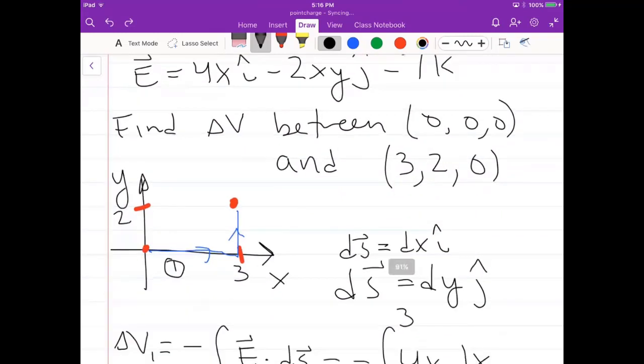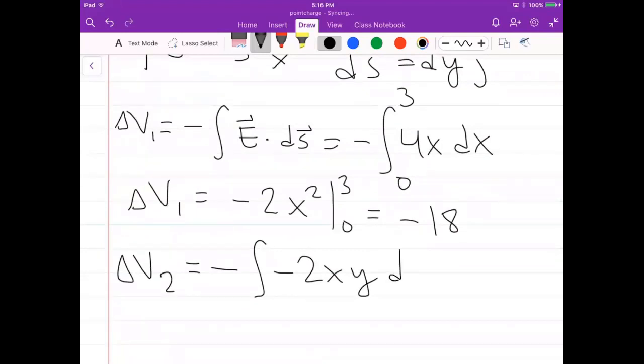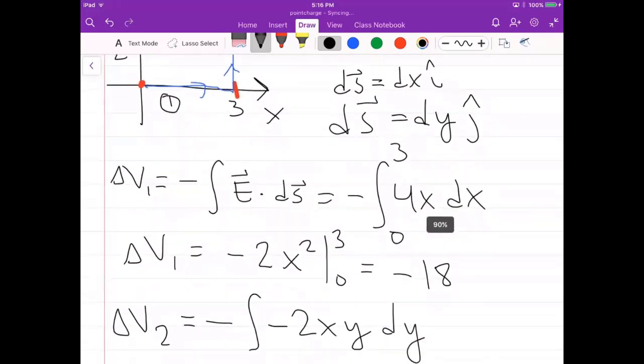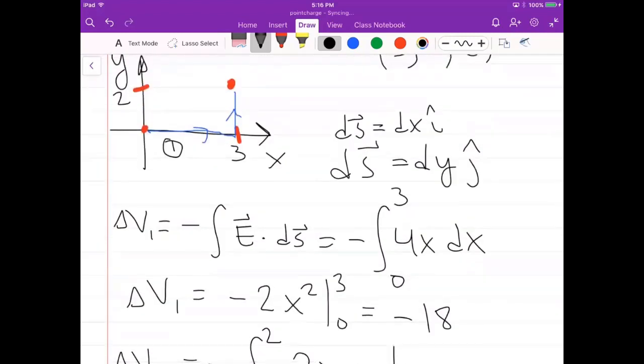So that's minus 2xy. So I get minus the integral of minus 2xy times dy. And y is going from 0 to 2 along path 2, which is over here.